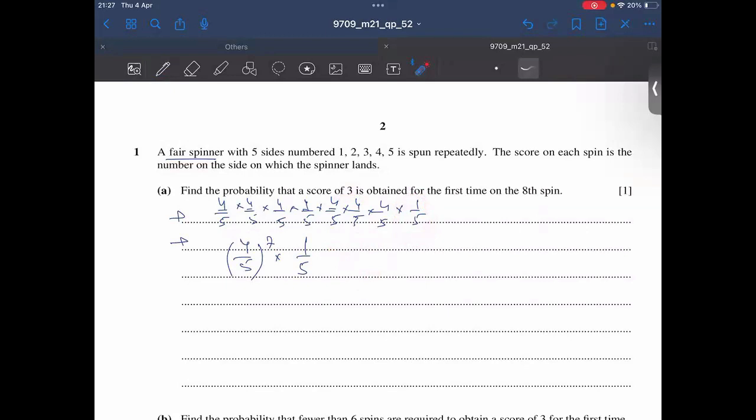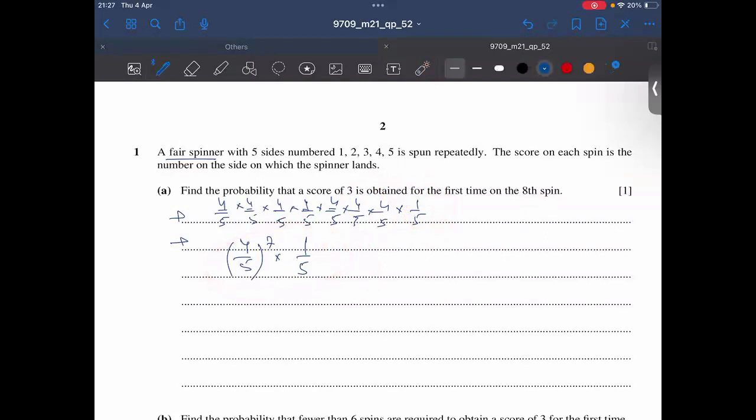It is saying that the score of 3 is obtained particularly in the 8th spin. So this cannot be relocated in any of the positions. You have the probability of obtaining 3 at this 8th position, so you won't be writing down 8 factorial upon 7 factorial, because you are getting particularly the score of 3 at the 8th spin. That's why you're just going to write down this.